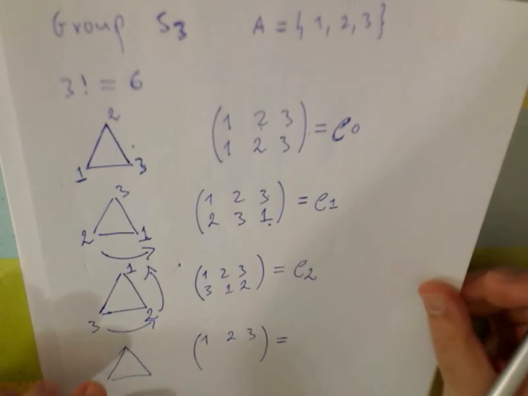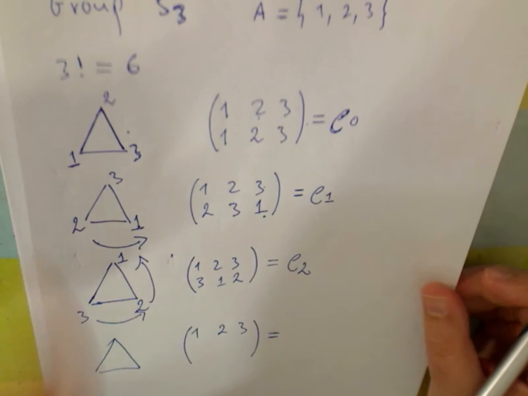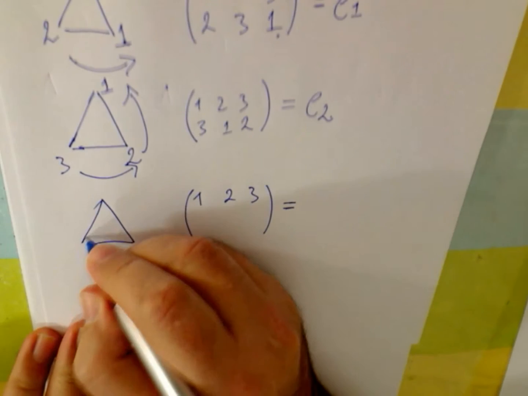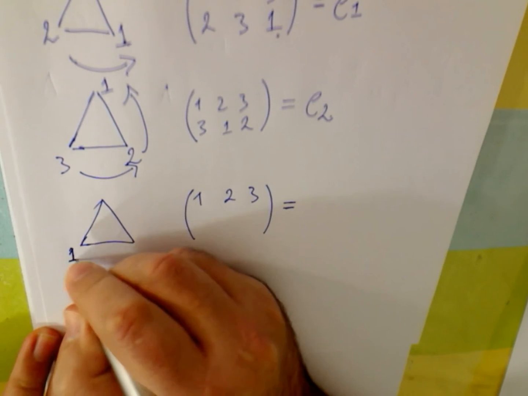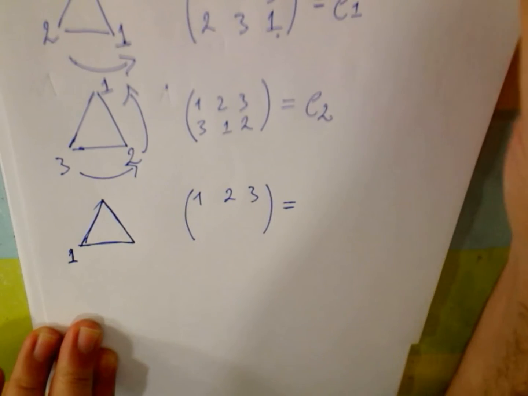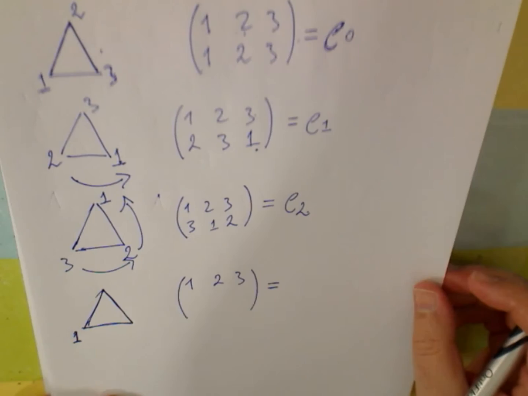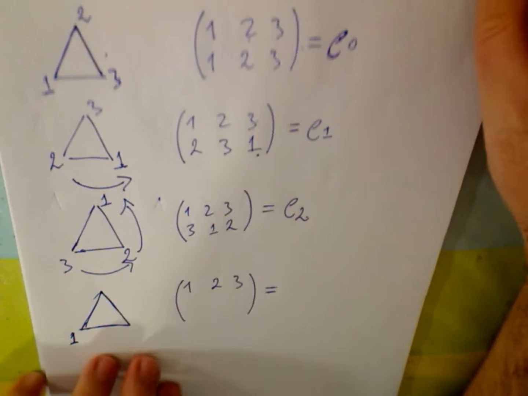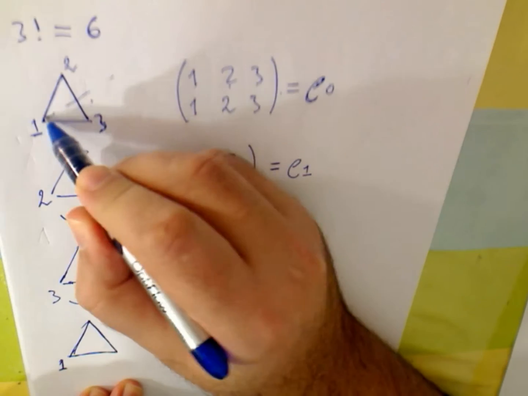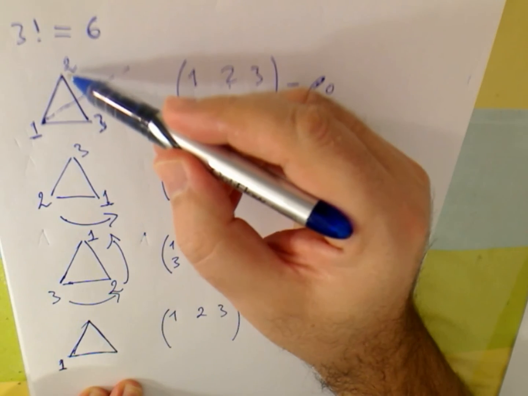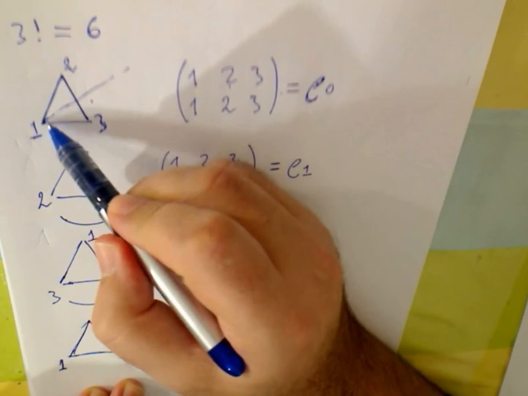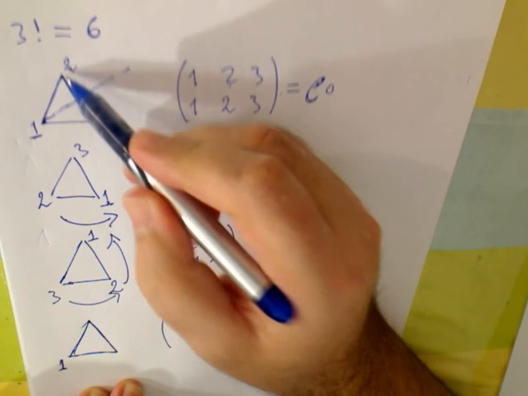Imagine from this one, the identity, I'm going to keep 1 at its position and use this line as a symmetry line. So I'm going to switch 2 to 3 and 3 to 2. I'm going to mirror these two.